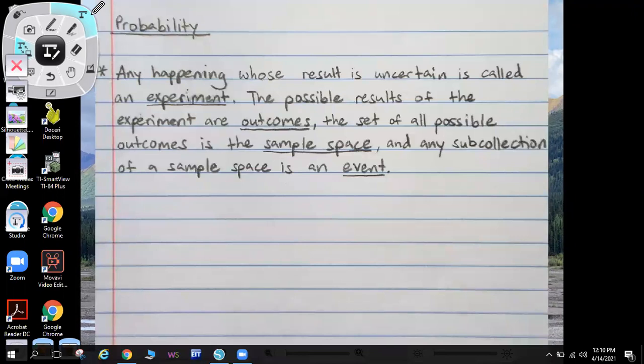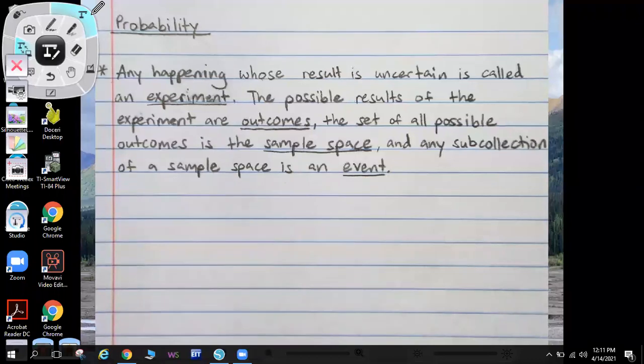Any happening whose result is uncertain is called an experiment. The possible results of the experiment are outcomes. The set of all possible outcomes is the sample space, and any subcollection of a sample space is an event. Okay, so that's just some vocabulary for you to be aware of as we move into some examples.